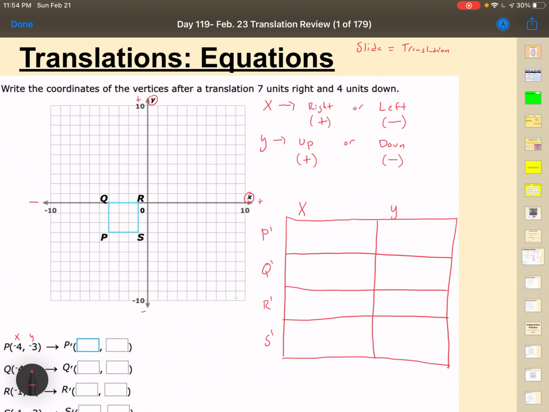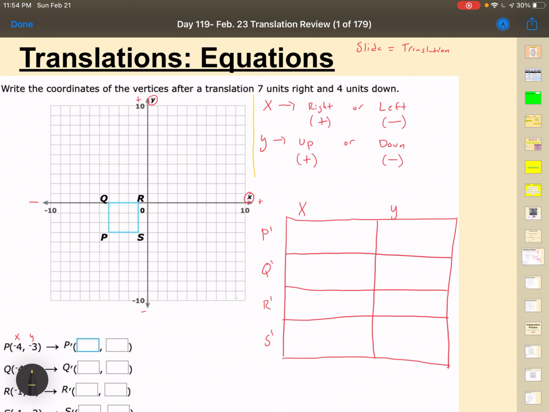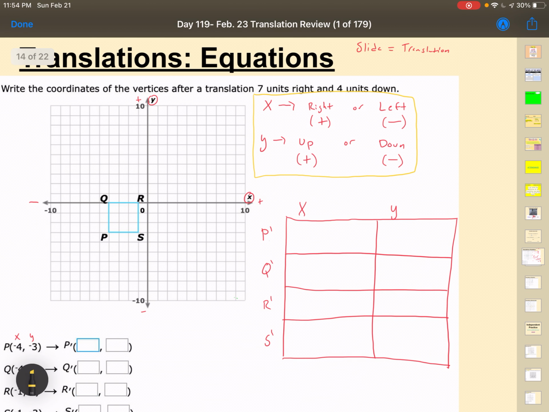This box that I'm going to put in yellow is very important when dealing with translations: knowing what direction each of the axes are moving whenever we're figuring out what formula or equation we need for our x and our y.